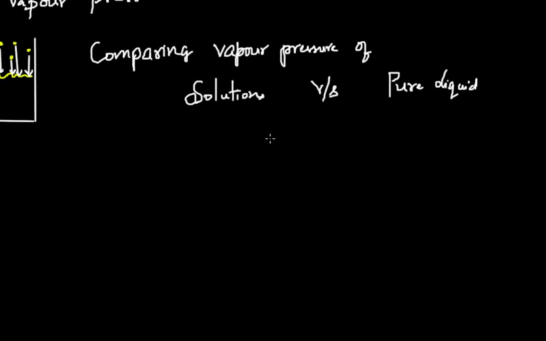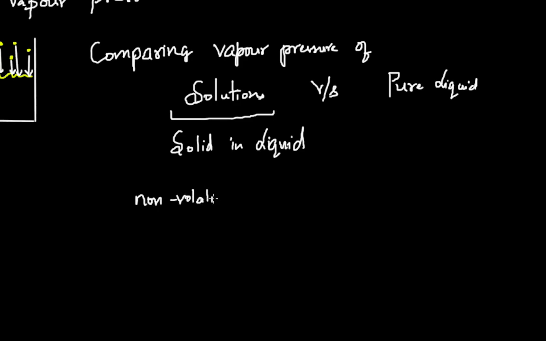See, in solutions, what solution are we talking about? That is solid in liquid versus pure liquid. Here also, by solid I mean non-volatile solid, solid in liquid, versus pure liquid, right? So this is what we're talking about.